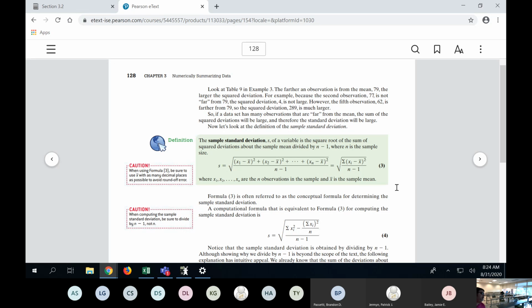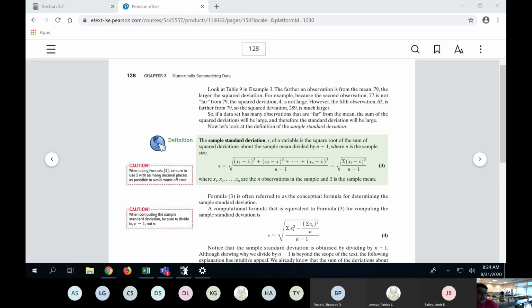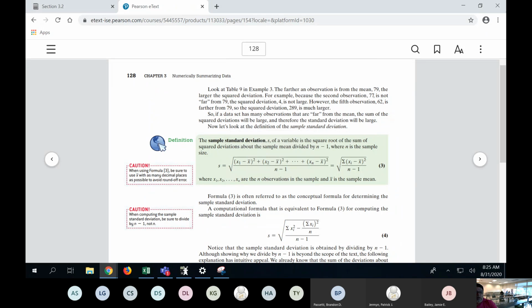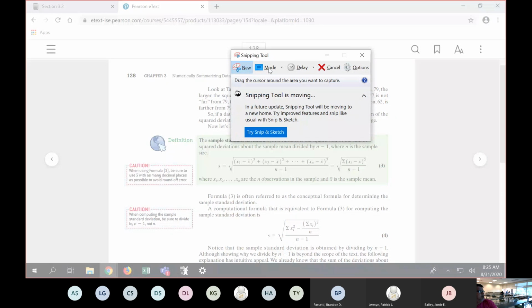And I'm going to, let's see if I can. No, I'm not going to be able to. Well, I might be able to. Let me snip. Okay. Let's go with snip. And new.